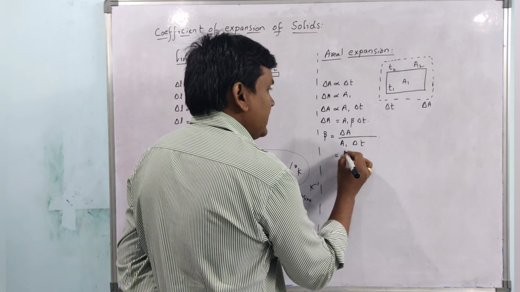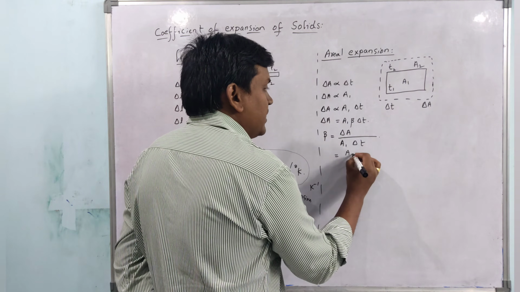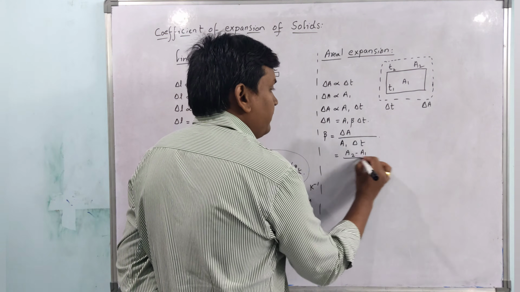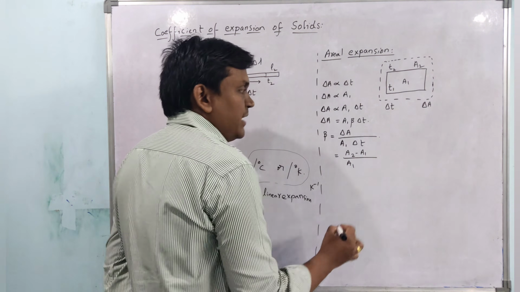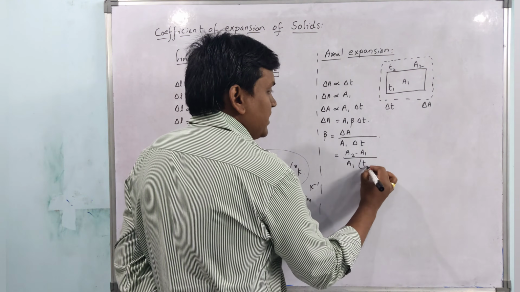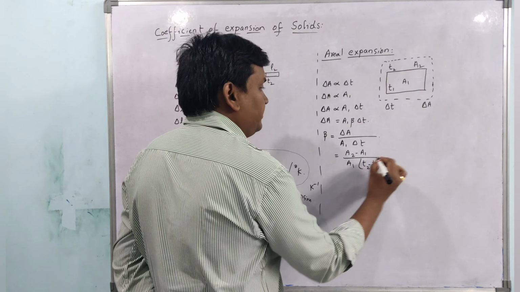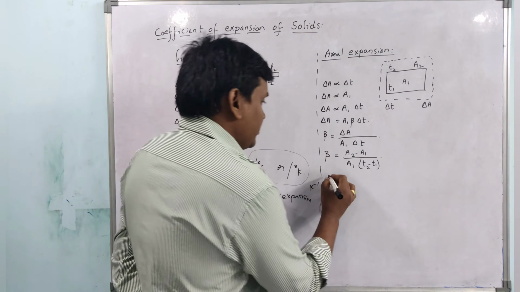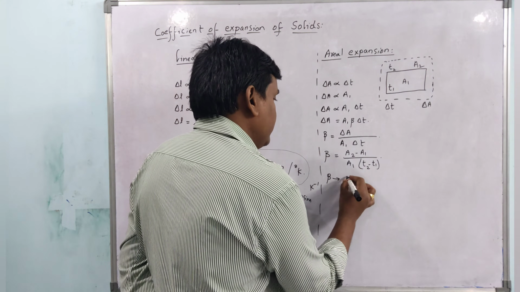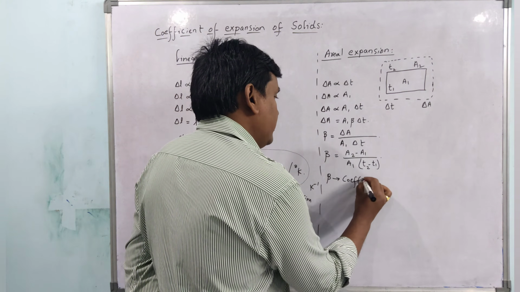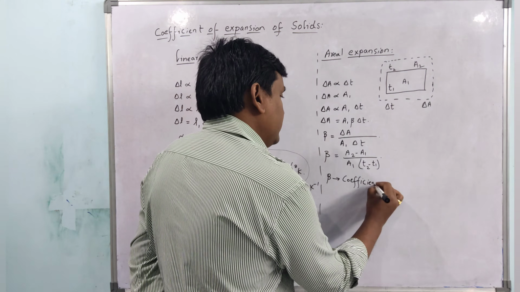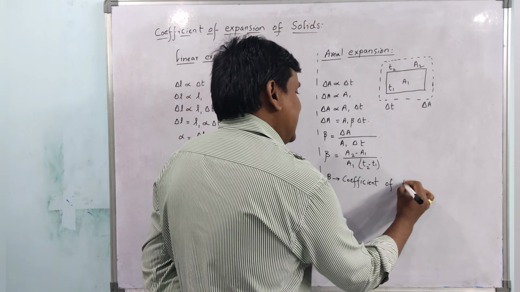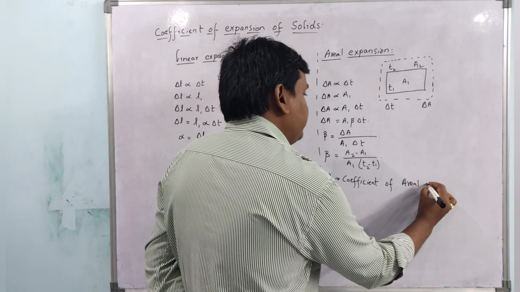Or this can be written as change in area is nothing but A2 minus A1, by original area A1, and the change in temperature is T2 minus T1. So this is beta, and beta is called the coefficient of areal expansion.